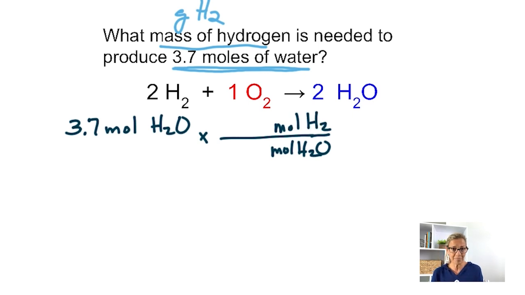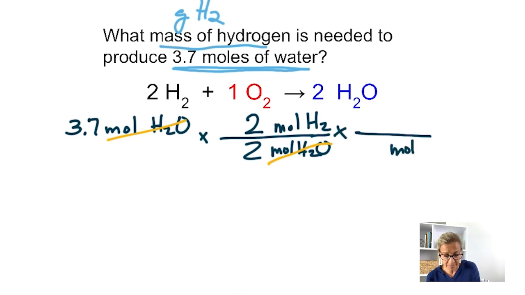So let's do a mole ratio and get 2 moles of hydrogen. So where do those numbers come from? From the balanced chemical reaction. I've got a 2 coefficient for hydrogen and also a 2 coefficient for water. If we stopped right here, we would be in moles of hydrogen. Now, how do we get to grams of hydrogen? Well, we're just going to use molar mass, right? We're going to trade in moles of hydrogen for grams of hydrogen.